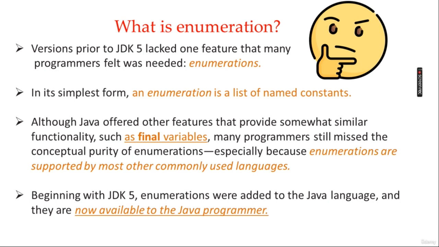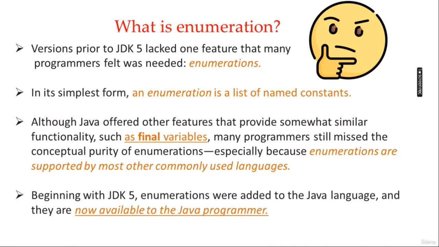Okay, we had final to create final variables, that is constants that will not be modified throughout the program, but still there was a need for something better, something pure, a pure constant, like the defined constants in C and C++, especially because enumerations are supported by most other commonly used languages. Enums are supported by other languages, and it was missing in Java.